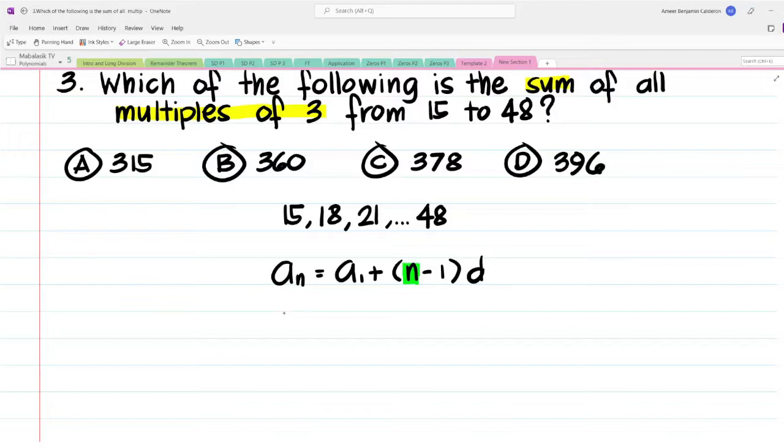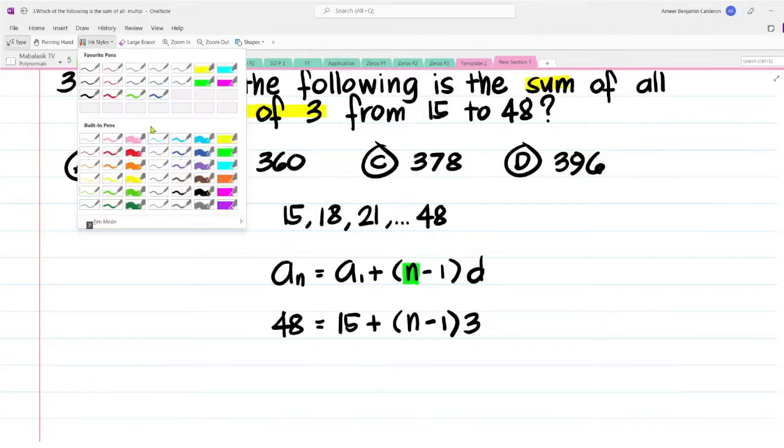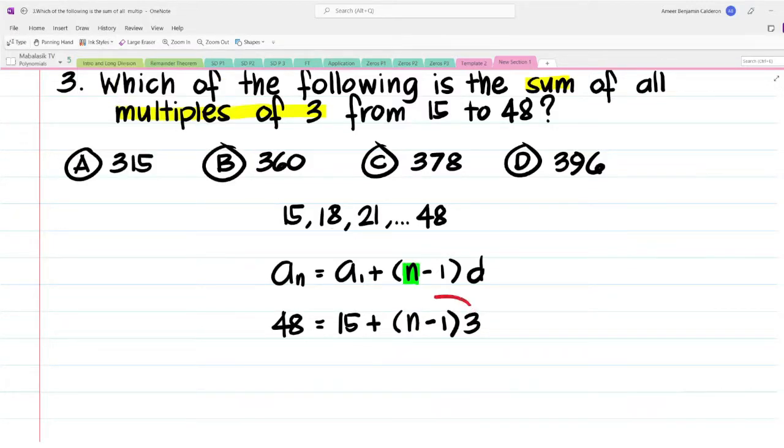So we have 48, our assumed last term, equals a sub 1, 15, plus the quantity of n minus 1. We are solving for n, and d is 3. At this point, we distribute 3 to the terms inside the parenthesis. So we will have here 48 equals 15 plus 3n minus 3.